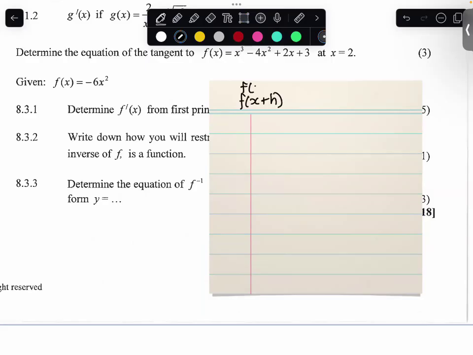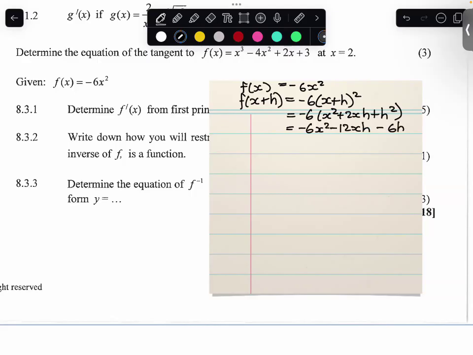F of x is equal to -6x squared. Then wherever I see an x in the original, I'm going to replace it with an x plus h. Get rid of the brackets. This is first times first, times 2, last times last. Distribute that 6 in: minus 6x squared, minus 12xh, minus 6h squared.